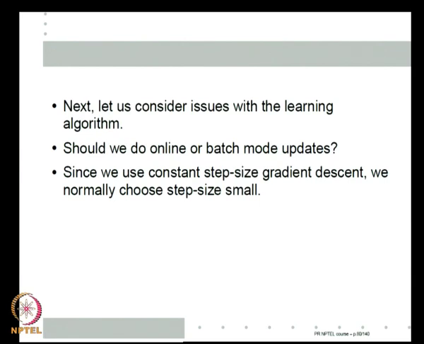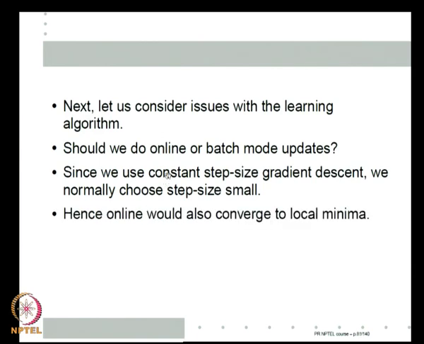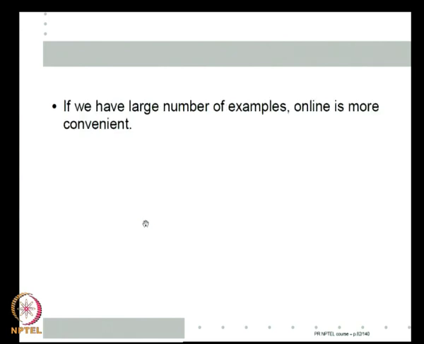So, we have to anyway use a very small step size, and both of them will have similar asymptotic behavior, and so both of them will converge to local minima. So, the choice is not so much about whether they converge or not, it is about what may be more convenient to implement. If you have a large number of examples, online is more convenient.